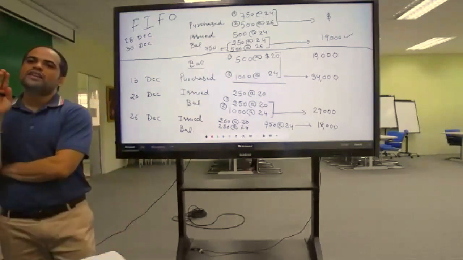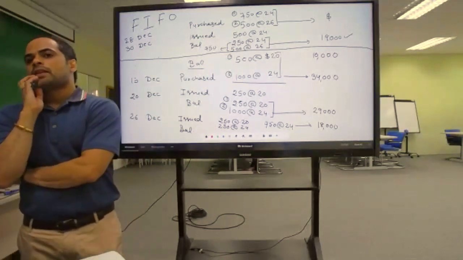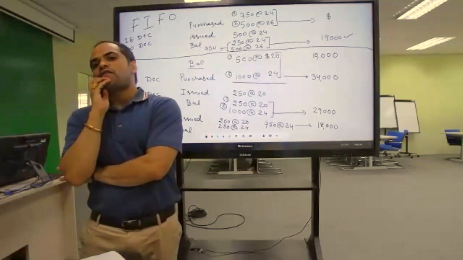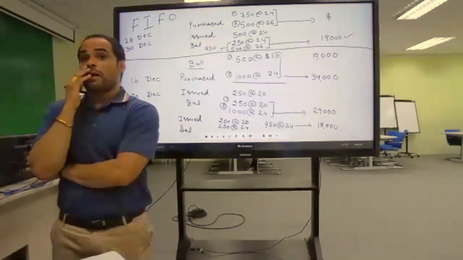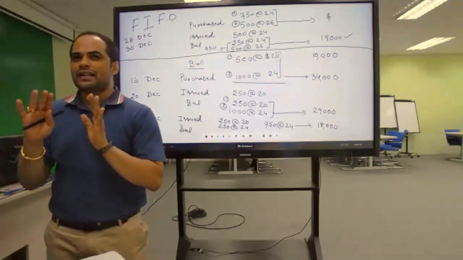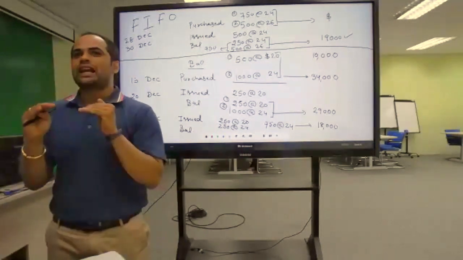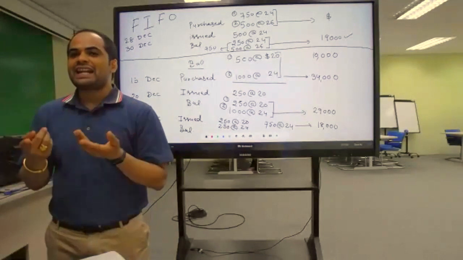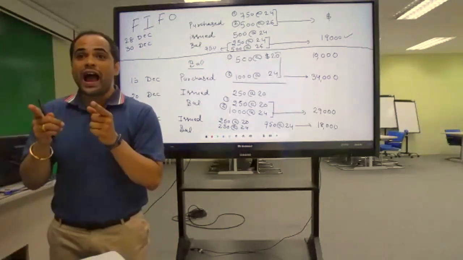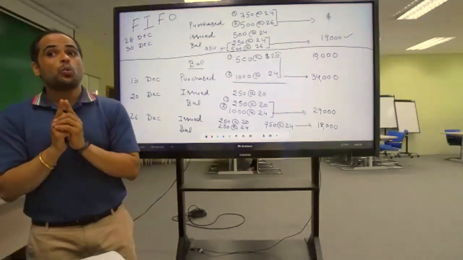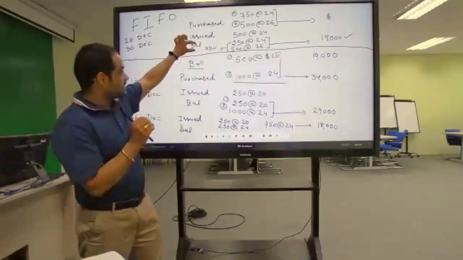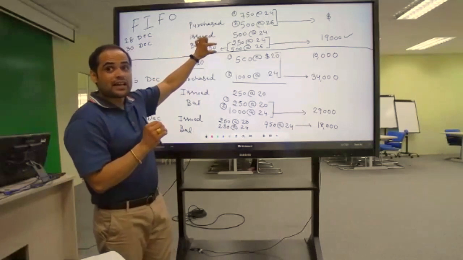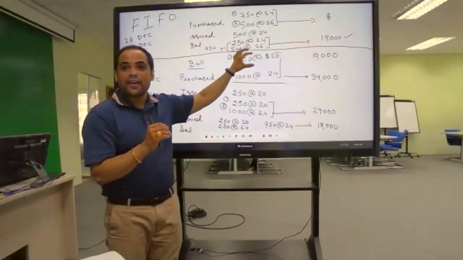Actually, I will not explain you about LIFO method, but you have to find it by yourself. I will give you very quick ideas, but you have to calculate by yourself. And in next class, you have to tell me what will be the value of 750, which is this, using LIFO method.